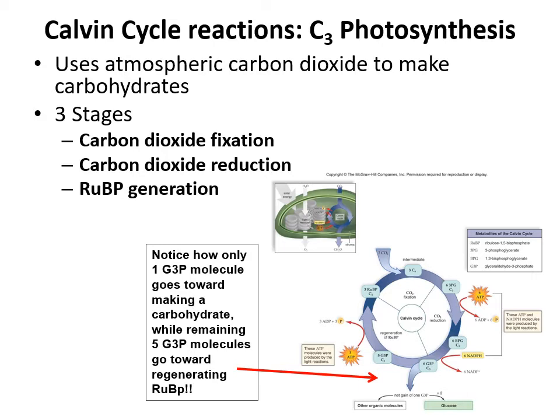Okay, so carbon dioxide fixation was simply linking the carbon dioxide to Ruby P so that you can have a 6-carbon molecule to split in half. That 6-carbon molecule was then further processed in carbon dioxide reduction, and then Ruby P was generated in the final steps to allow the cycle to go around once again.